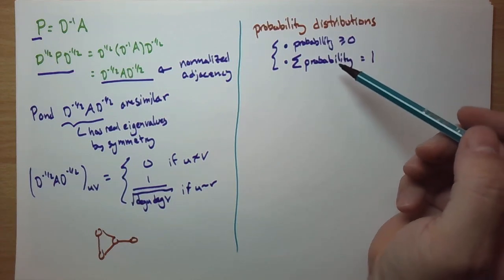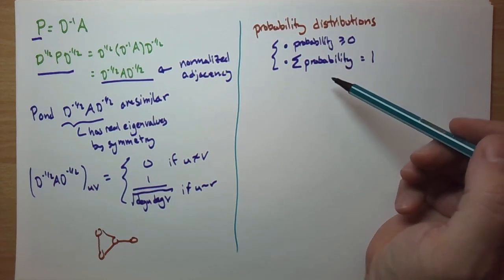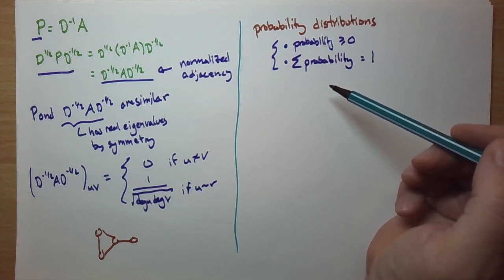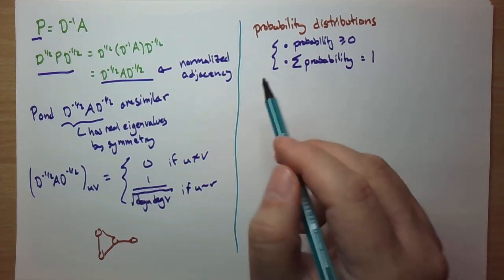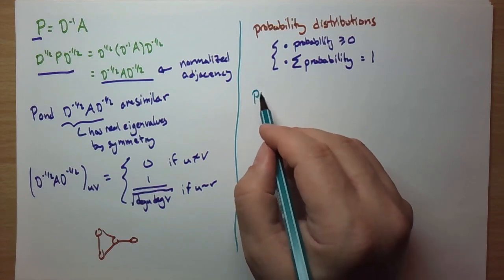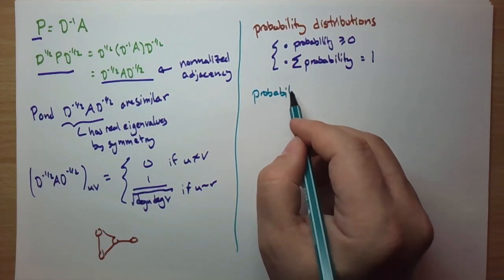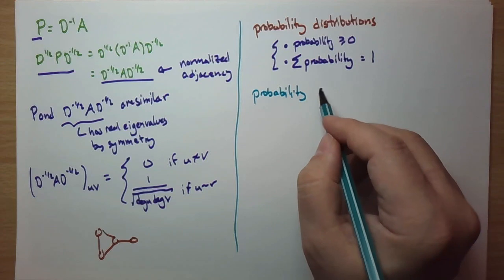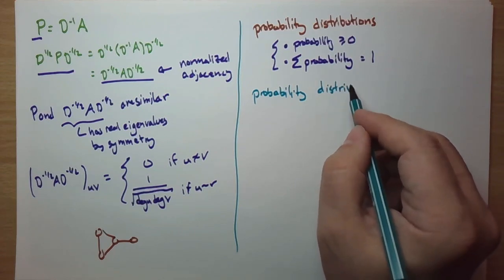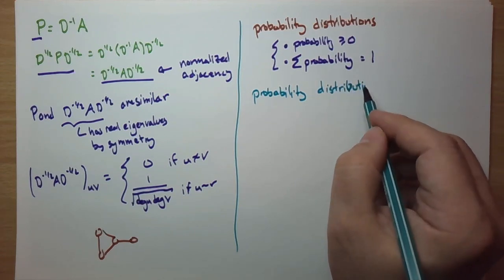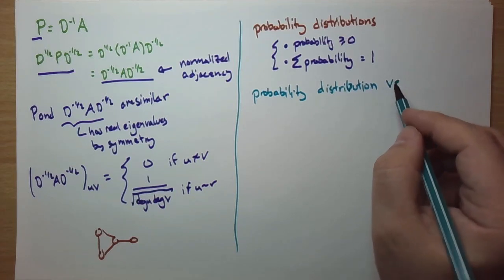So in terms of practical things, if we're thinking of a probability distribution for P, it's an assignment to the vertices of the probability that you're at a certain vertex. So we have a vector; our probability distributions will be associated with vectors. Now the question: left or right?